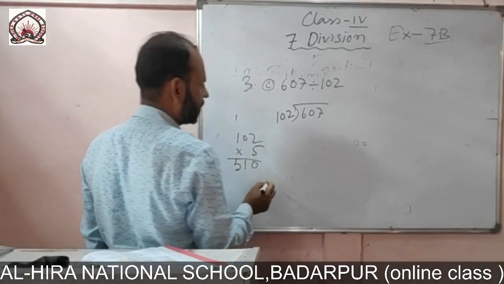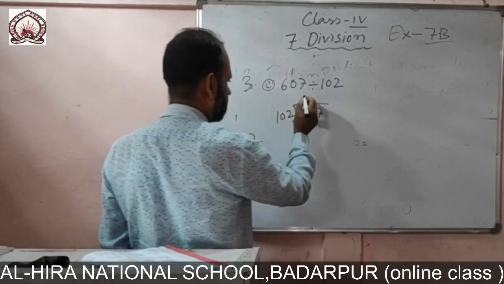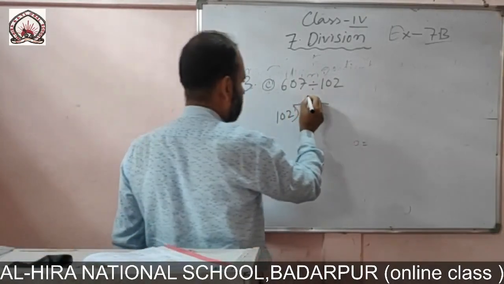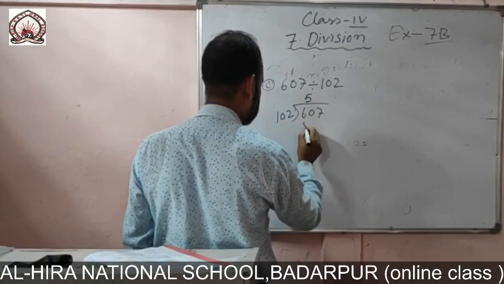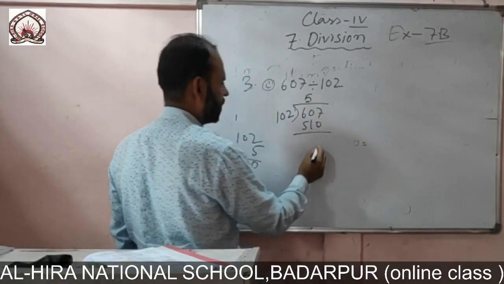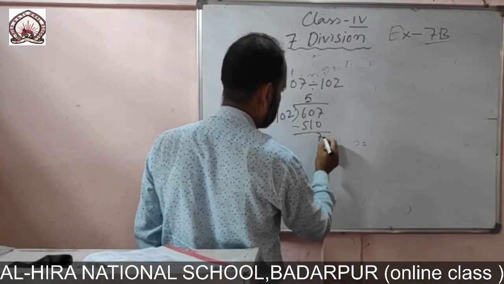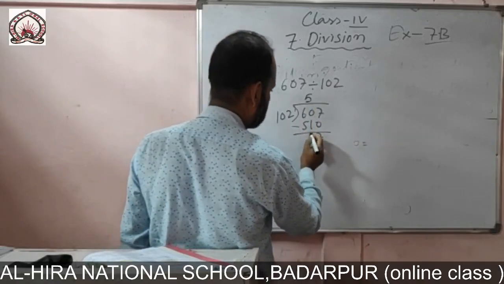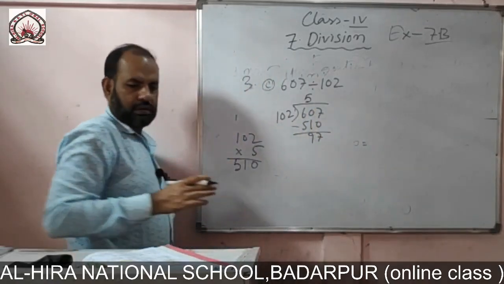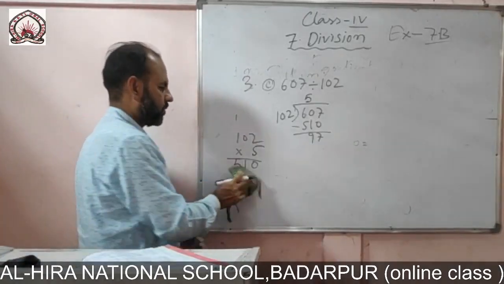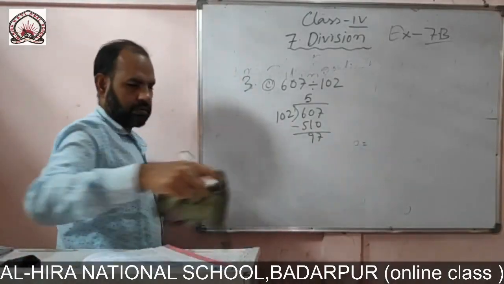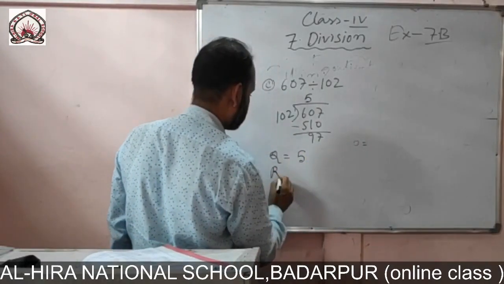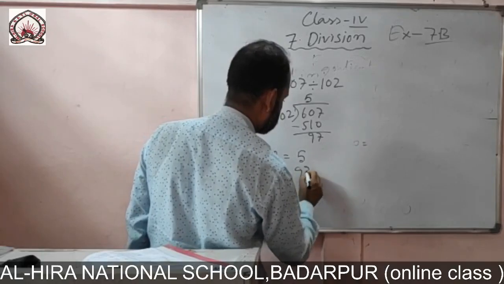It is 5 times, then it is 510. So now do minus, 607 minus 510, and there 10 minus 1 is equal to 9. So Q equal to 5 and R equal to 97.